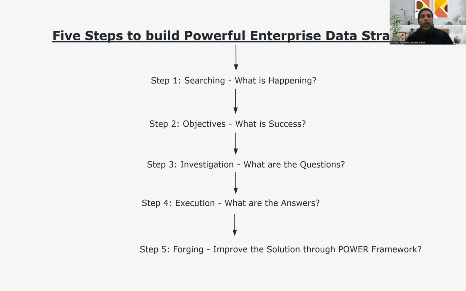So I can go on, but the topic is to discuss the 5 steps to build the enterprise data strategy. So let me come back to the point, and I'm going to show you those 5 steps that will help you build a very, very powerful enterprise data strategy.